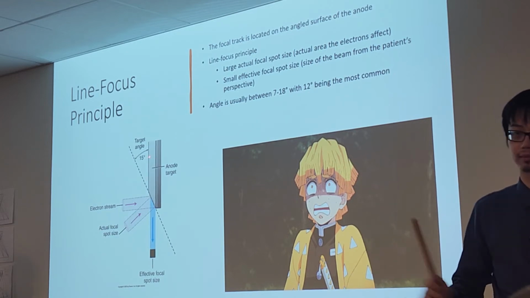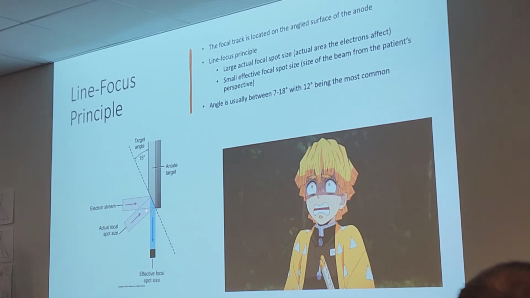And when you have a smaller angle, there's more heat hitting in that area. You want a sharp picture, but the reason we don't like this smaller focal spot is because of the heat.